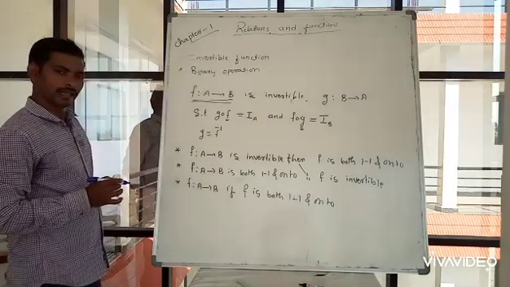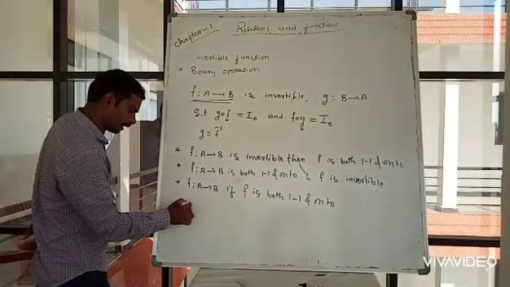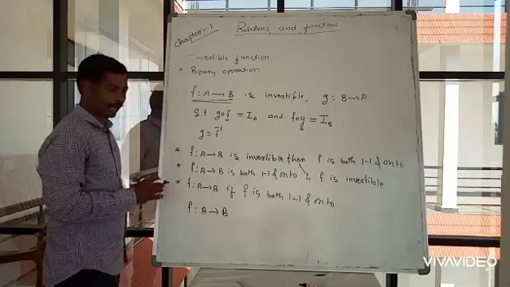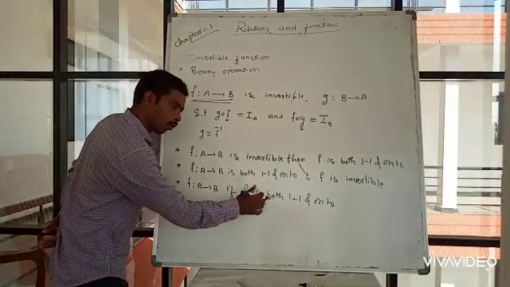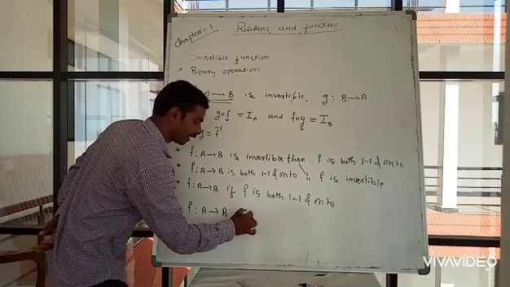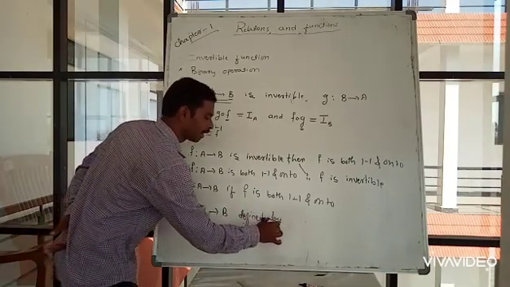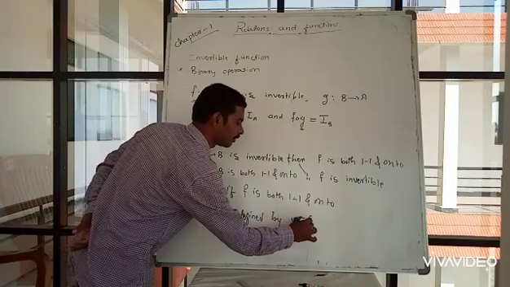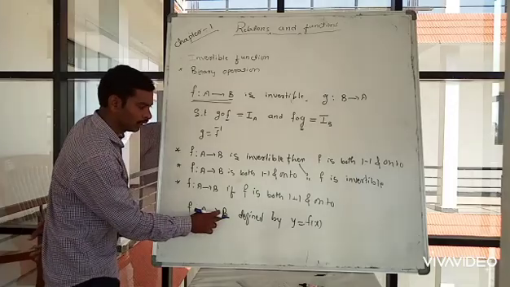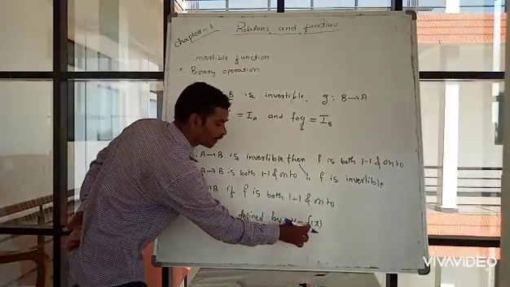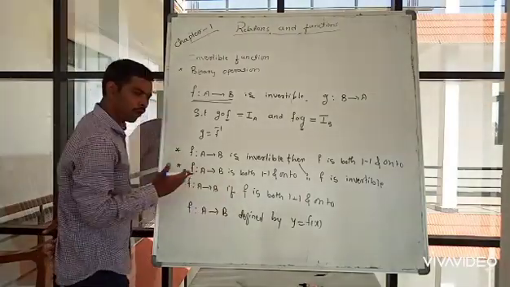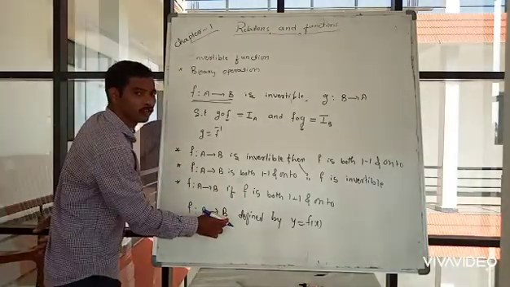So suppose f, a function from capital A to capital B, is both 1-1 and onto. It is defined by y equals f of x. It is the 1-1 and onto function, defined like this, y equals f of x. Then it is both 1-1 and onto, which means it is a bijective function.